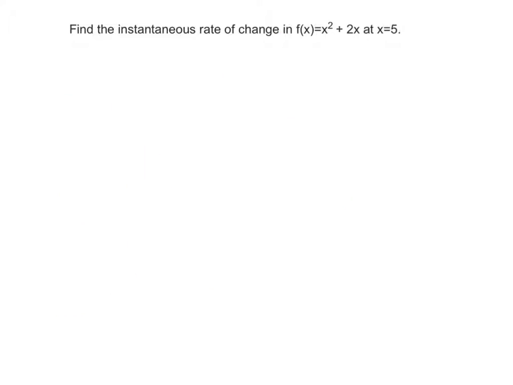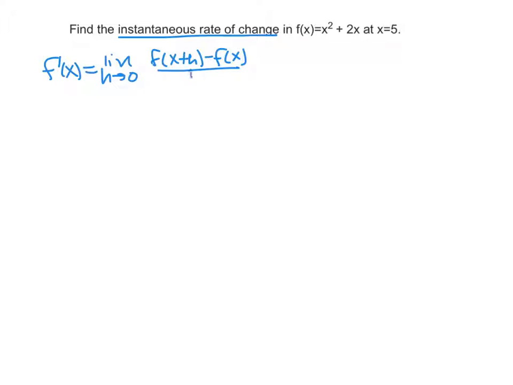Find the instantaneous rate of change in f of x is equal to x squared plus 2x at x is equal to 5. Instantaneous rate of change, that means gradient of the tangent line. In other words, slope of a tangent. So using the definition of the limit, which is derivative is equal to limit as h goes to 0 of f of x plus h minus f of x all over h.